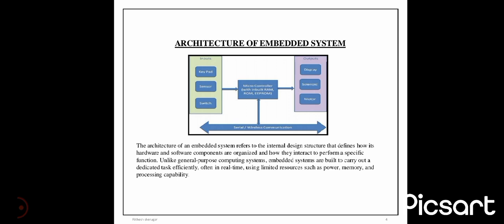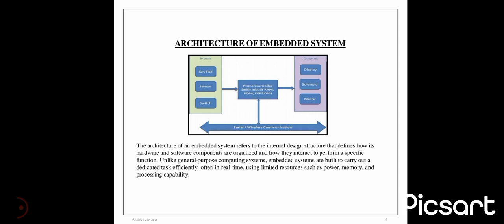These all give the input to the microcontroller, which is taken by the sensory feedback or by users. In the output side we can see display, solenoid, motor to do the operation. Output will do the operation.